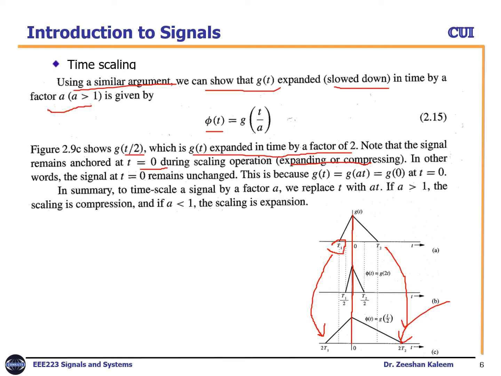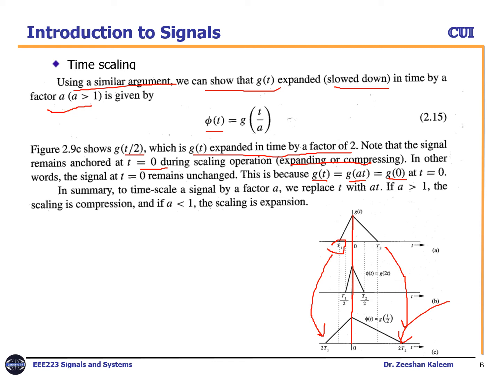In other words, at time t equals 0 it remains unchanged, because you know that gt equals gat, as we mentioned for compression. So when you put 0 here, it will become g0. So what is at g0 for gt is the same at g2t as well, right? Because time is equal to 0.